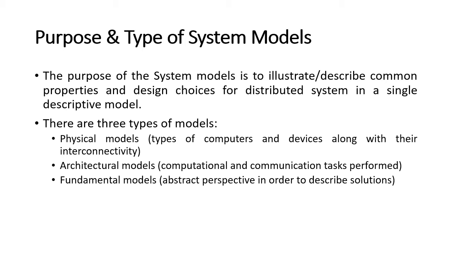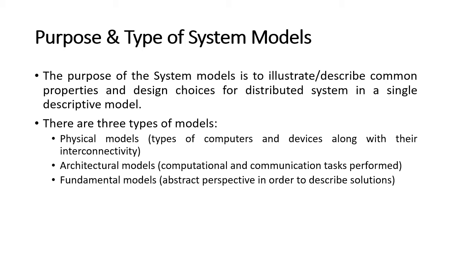First is our physical model, which basically defines the types of computers and devices along with their interconnectivity. So it's related to your hardware specifications, the deployment, and the issues related to deployment. Then we'll talk about the architectural models.